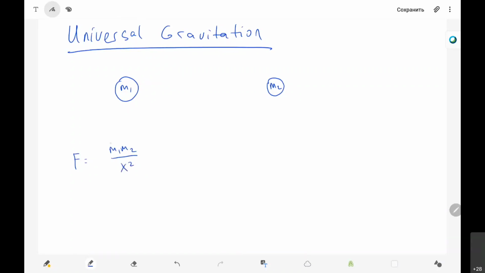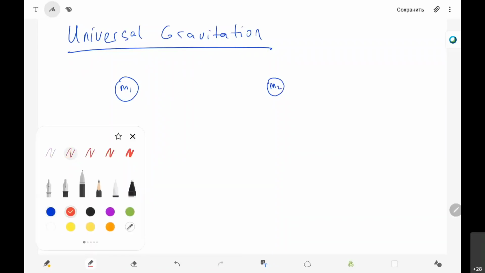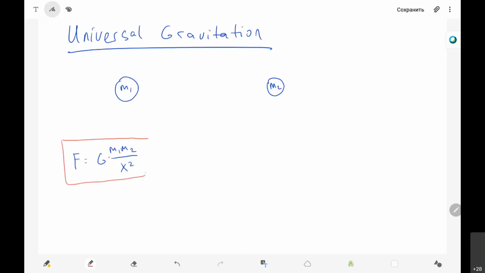And of course, as usual, there should be a constant, the universal gravitational constant. We have this kind of equation. So as you see, between any two objects, x is the distance between these two objects from center, of course.